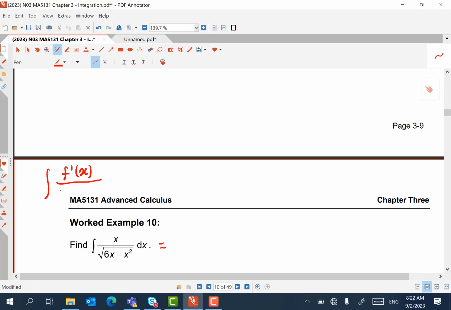When you see this question, like example 10, the thing that should cross your mind first is actually formula 3. But you know that it's not entirely formula 3, because to make formula 3 appear, what I need is actually like this. But you know that it's not balanced, right?